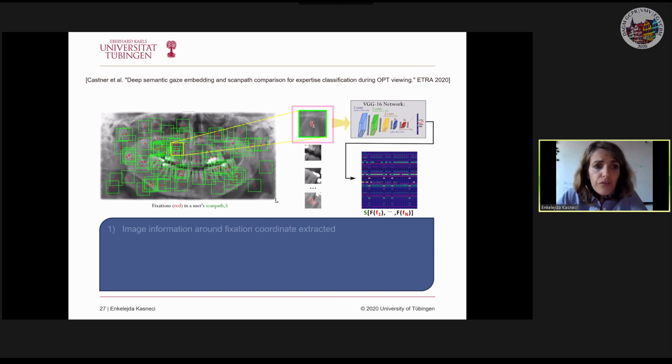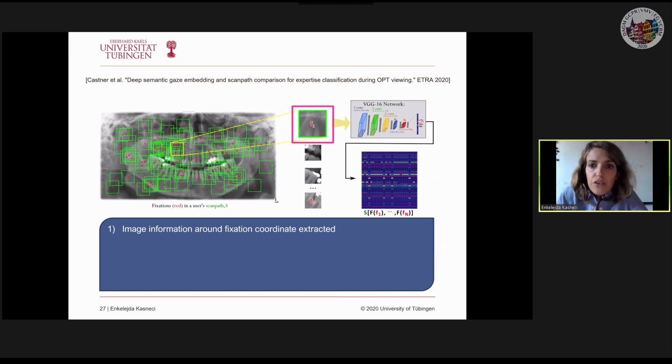Each individual fixation corresponds to a certain stimulus region, and we encode each region by a vector that describes the local image, generated using the output of a VGG16 architecture. You could use any other architecture here, but we took the VGG network because it's well known, so the results can be reproduced very nicely and quickly.